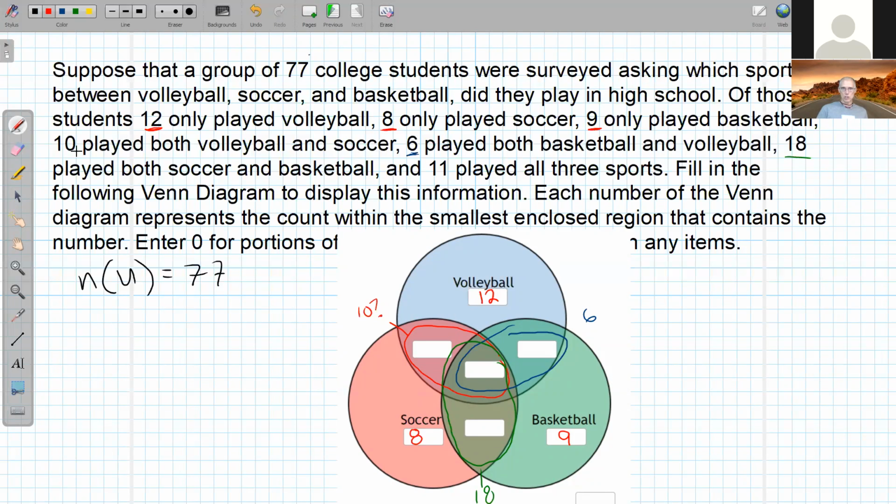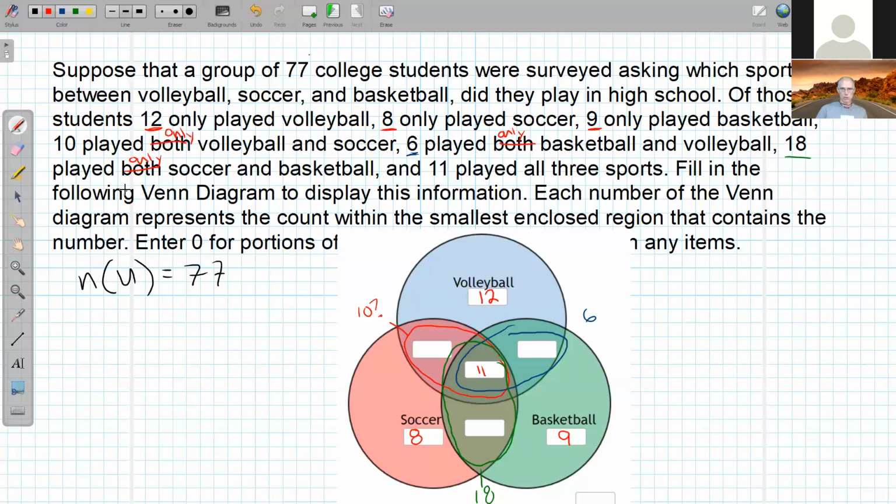I think it should say 10 played only volleyball and soccer. 6 played only basketball and volleyball. 18 played only. If that wasn't the case, I have a problem right here. If they claim 11 is there, but 6 is the total in this region, then that's a problem because I can't put a negative number here. So I think this was just not worded well.